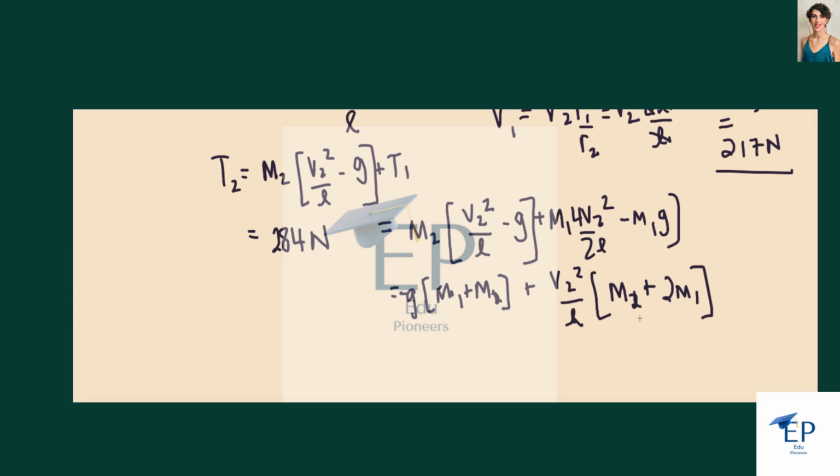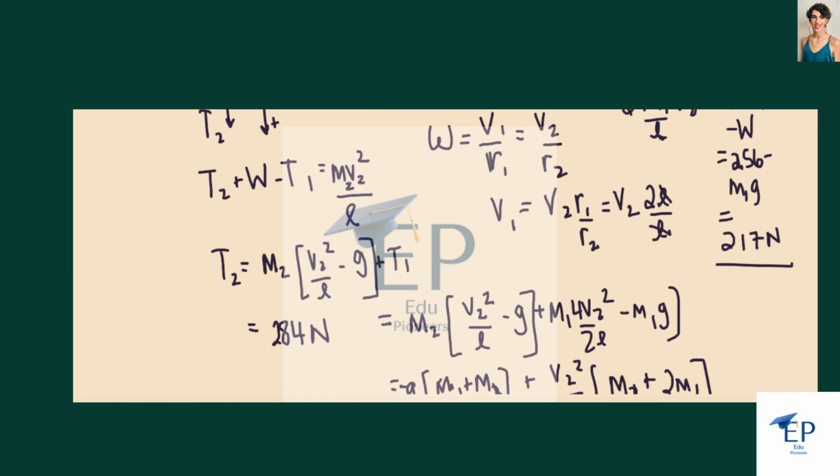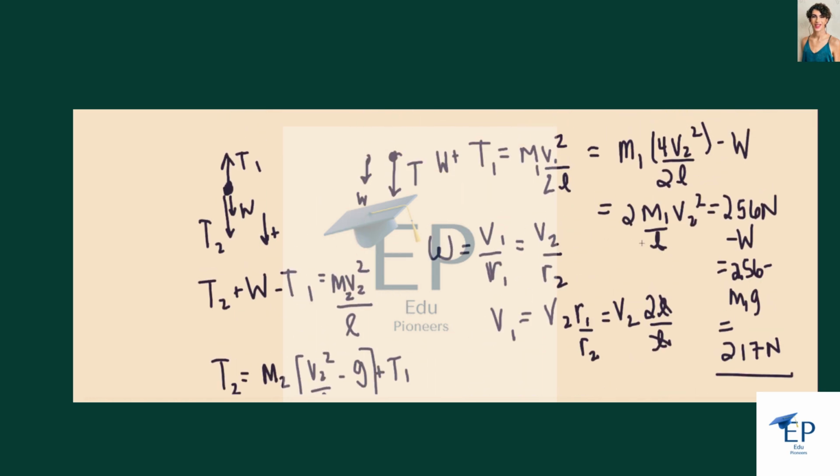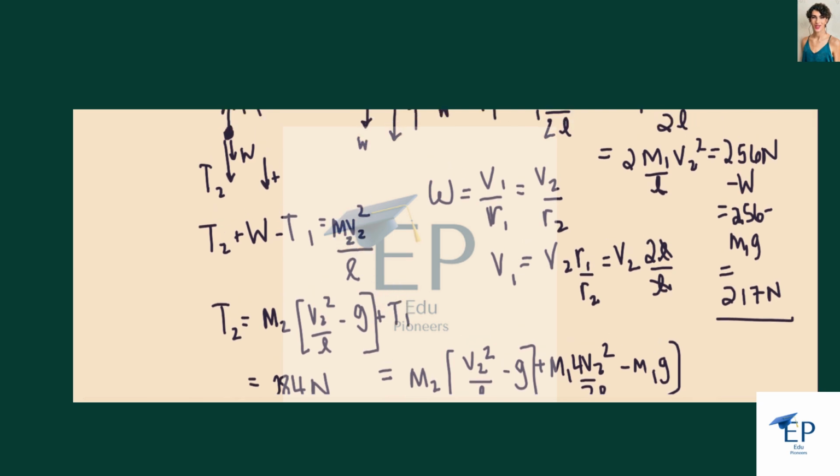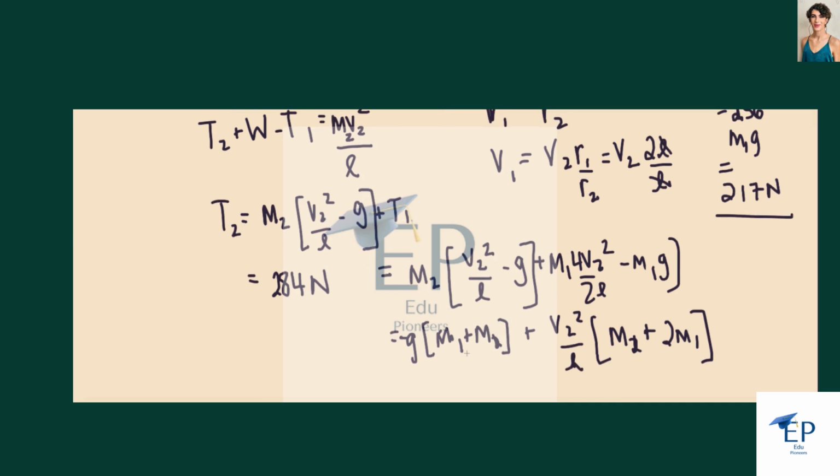And then we want to compare that with the tension here. And then you can see that this one has this additional term with this v squared.